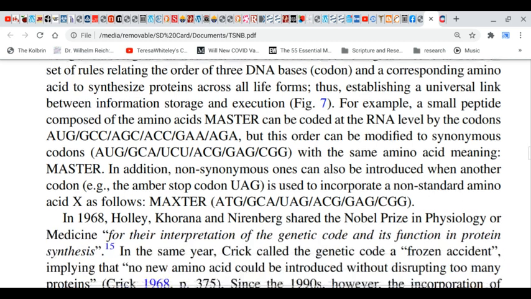In addition, non-synonymous ones can also be introduced when another codon, the amber stop codon UAG, is used to incorporate a non-standard amino acid X as follows: the MASTER.